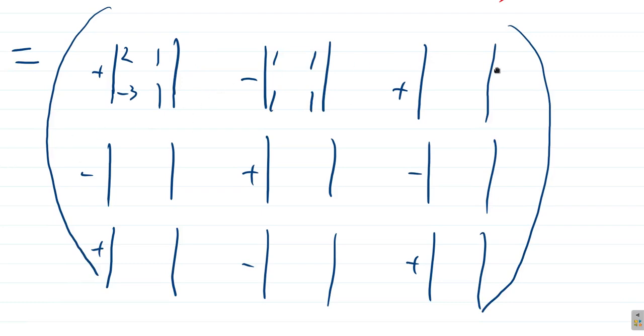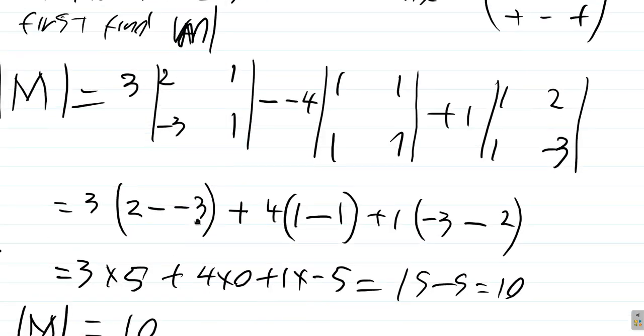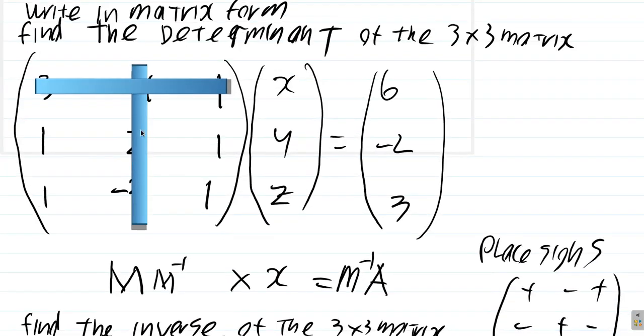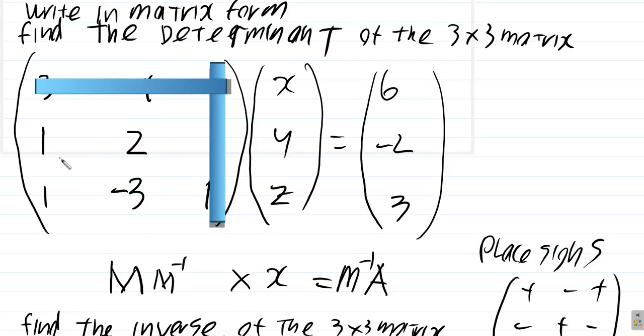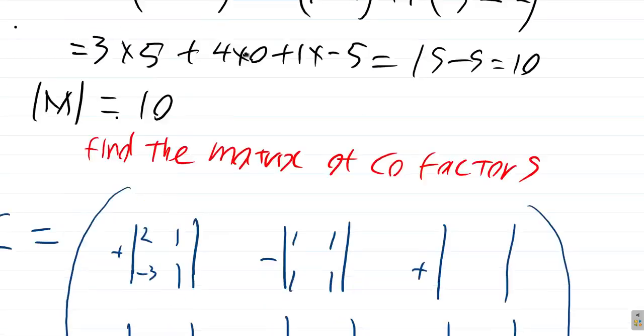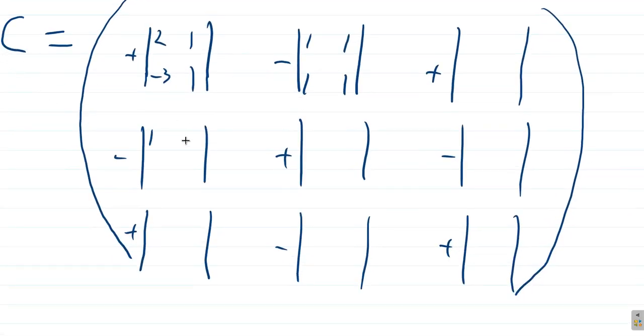And then for the cofactor in row 1, column 3, we cover up the element in row 1, column 3. And we see uncovered 1, 2, 1, negative 3. Oh, my, I wrote them in the wrong place. Should be up here. 1, 2, 1, negative 3, right?